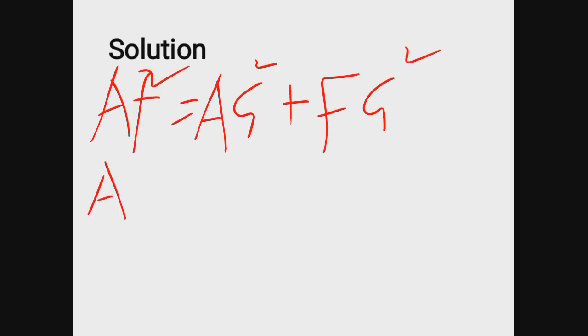Then now substitute the values into the equation. Then we quickly take the square root because of the limited space we have, since our AF is squared.